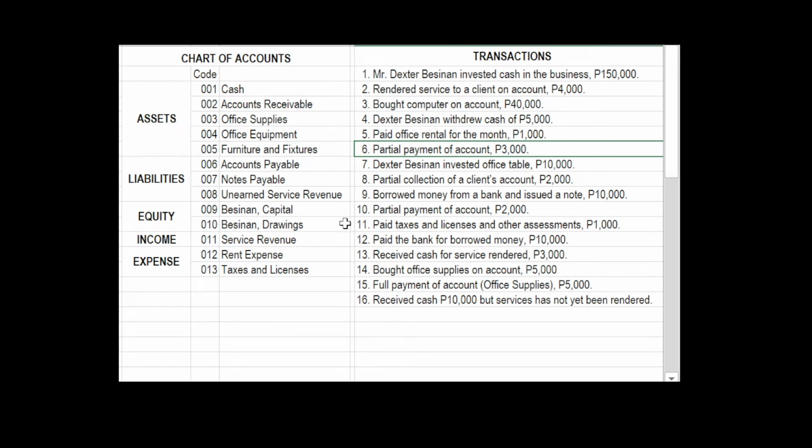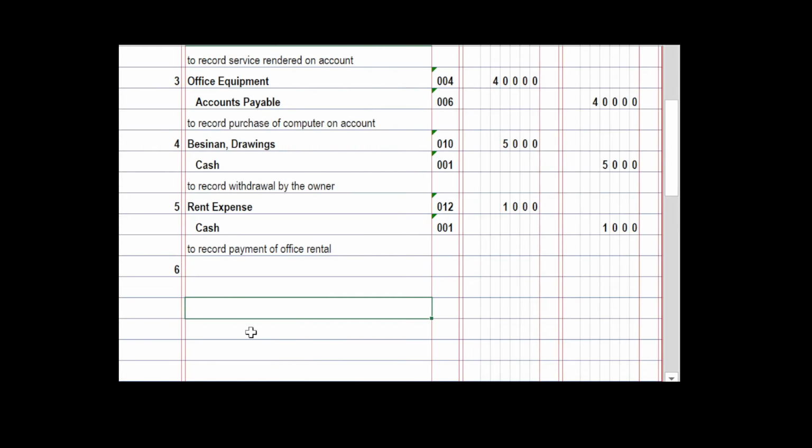Para bawasan yung utang, i-debit natin siya. So, debit tayo ng accounts payable and then yung lumabas sa business is cash. So, credit tayo ng cash. 006 and then 001. Yung amount natin is 3,000.